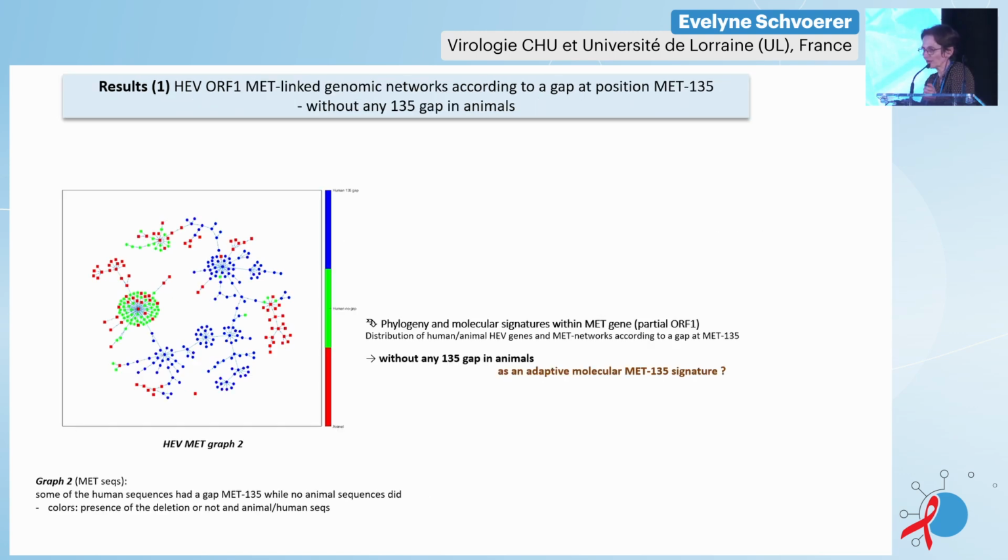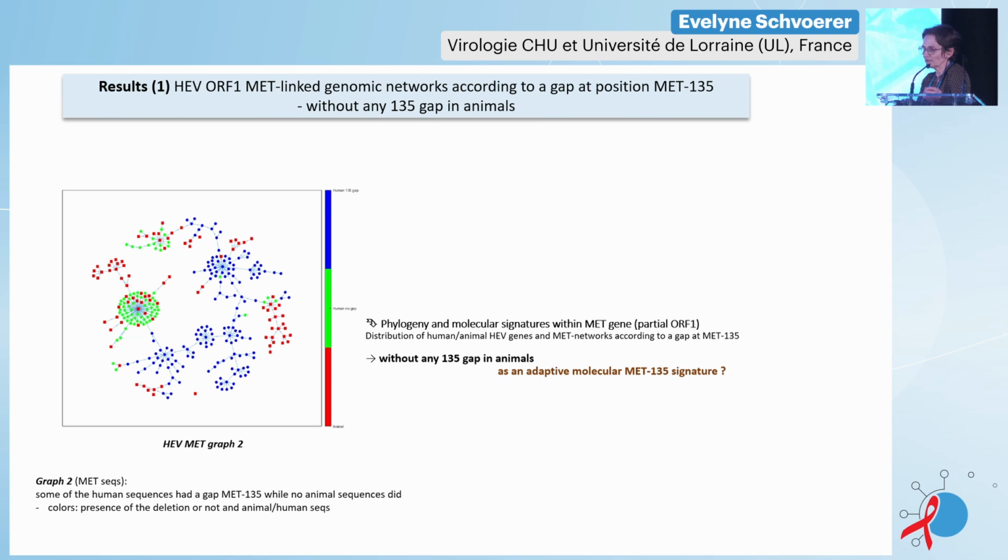With this second graph, more importantly, we decided this time to analyze the sequence distribution according to a gap we had observed in the methyltransferase at position 135.